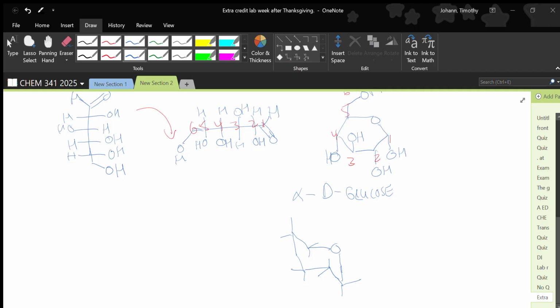Now I can look at where my OHs go. If I look at 1, it's definitely down. The 1 position here is definitely down, so I'm going to put an OH there. My 2 position is definitely down, which is definitely not up, so it goes there.